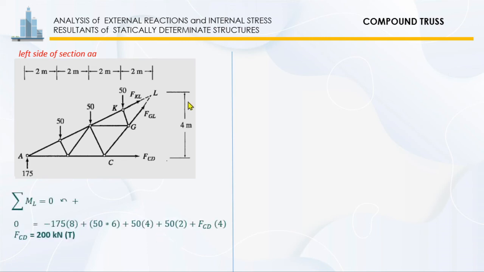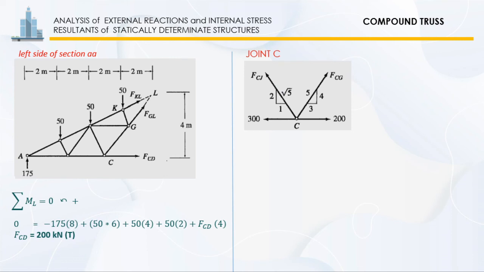Solving FCD by taking summation of moment at point L, we have 200 kilonewton FCD, which is in tension. Since meron na tayong FCD, we could proceed our computation sa joint C. At joint C, there are only 2 unknowns, FCG and FCJ.